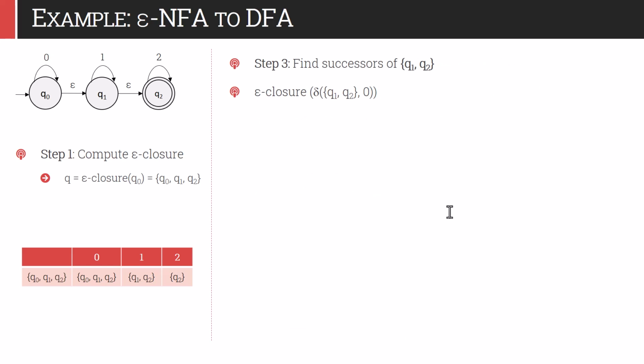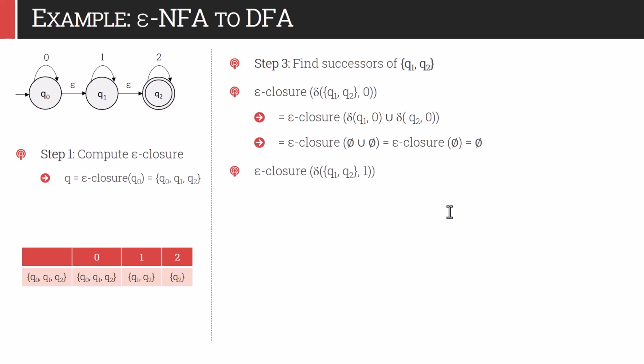So that is epsilon closure of delta Q1, Q2 on input 0. So epsilon closure on input 0 is given by the union of these two delta transition functions, and there is no transition from Q1 or Q2 on input 0, so that will remain phi, and epsilon closure of phi is phi.